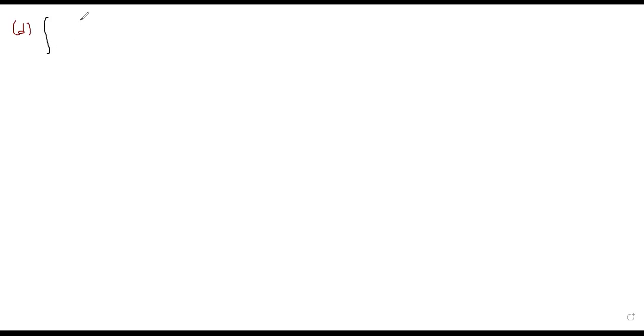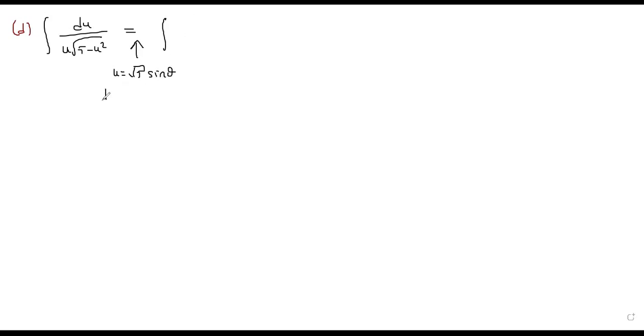So it's du over u square root of 5 minus u squared. Now again, using the table, here we have u is equal to square root of 5 sinus theta, right?